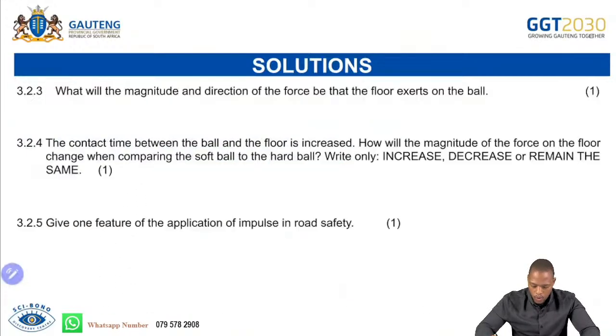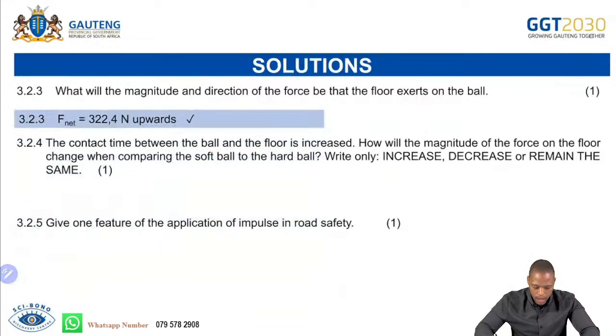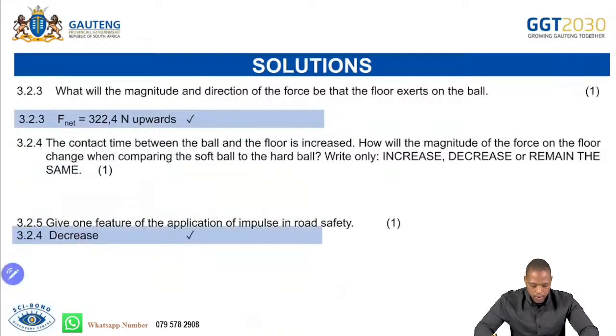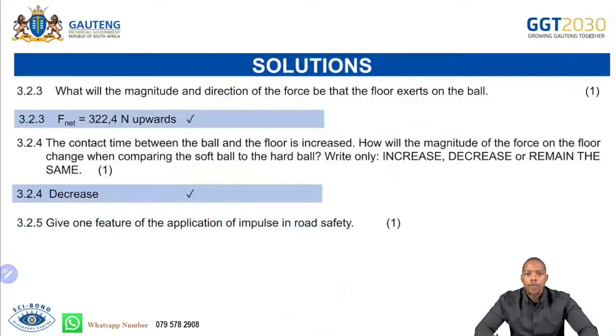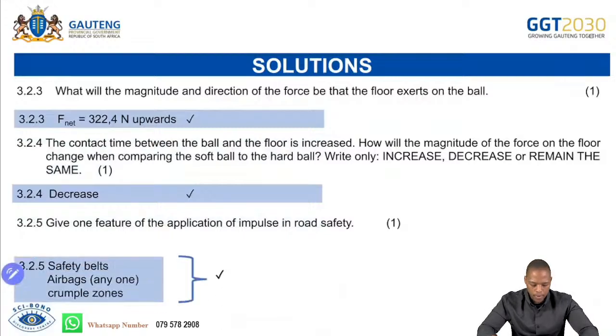I'll just quickly go through that with you. If the contact time increases, the force is going to do what? Decrease. Give one feature of the application of impulse in road safety: crumple zones, airbag, safety belts. Grade 12. Thank you.